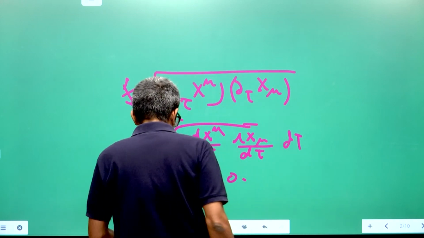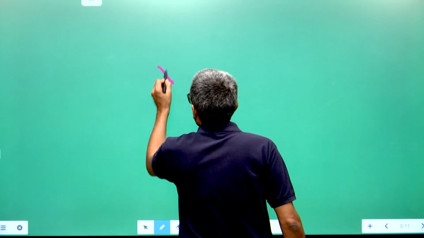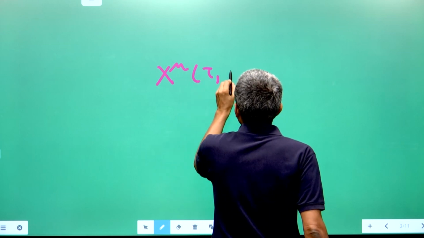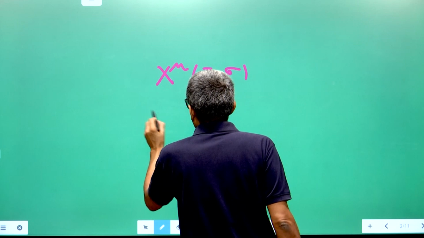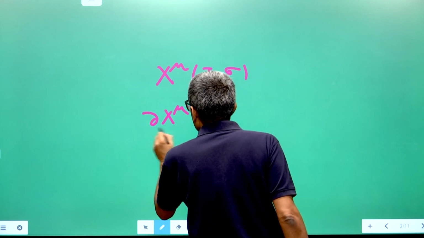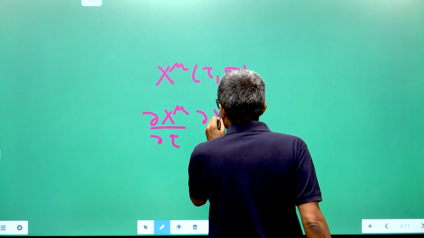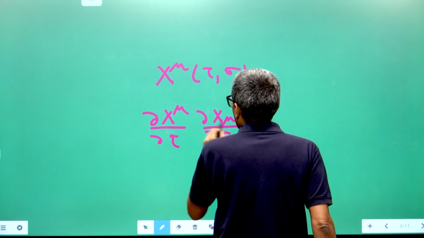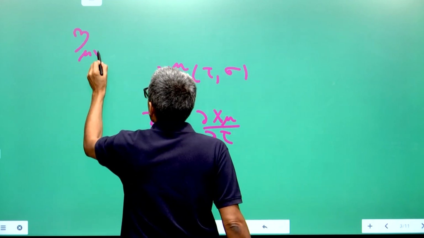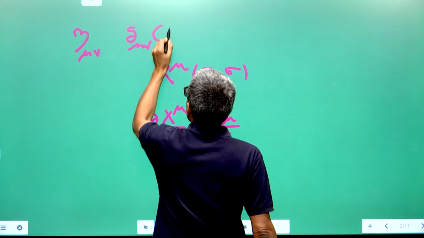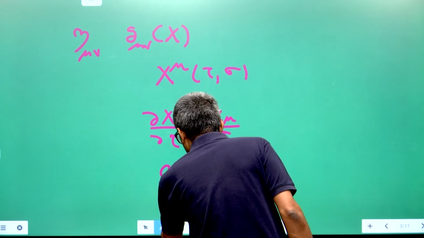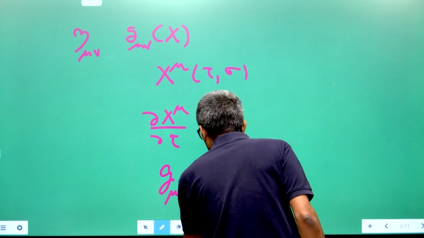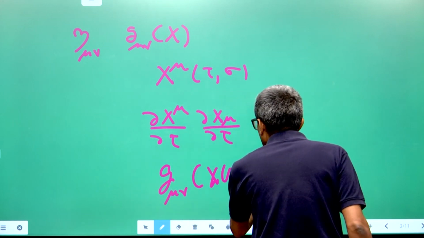In string theory, at a given time, the string is a stretched out rubber band, and you write down its Lagrangian. The kinetic energy is dou x mu by dou tau, dou x mu by dou tau, where you are using the Minkowski metric, or more generally you may use a metric of the string space time. If you use a curved metric, then it becomes g mu nu of x of tau sigma.